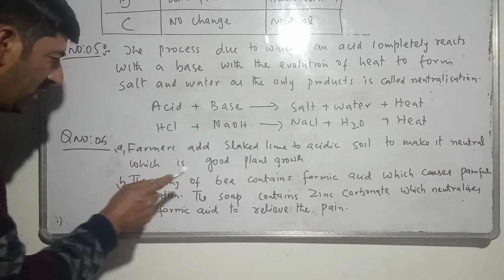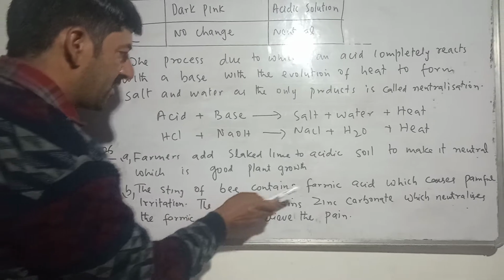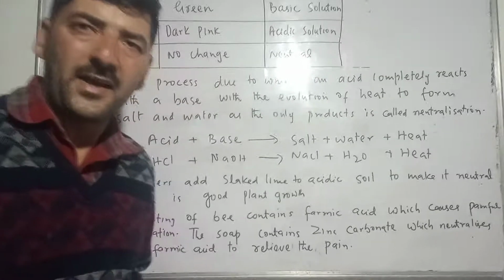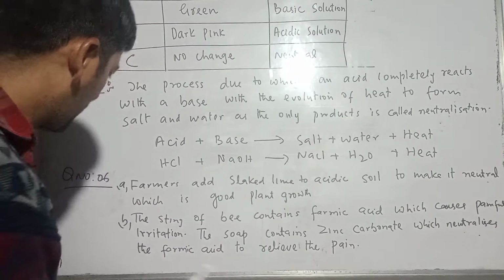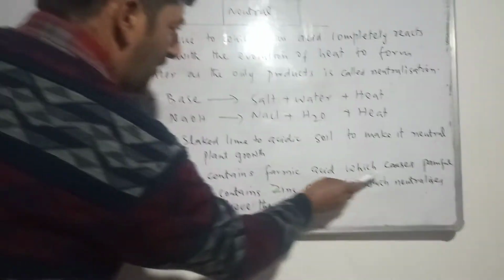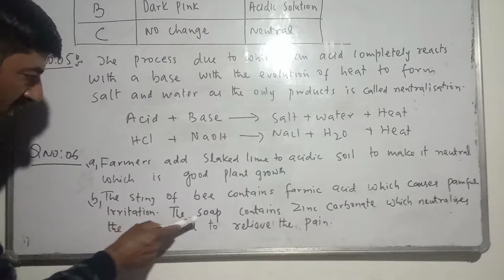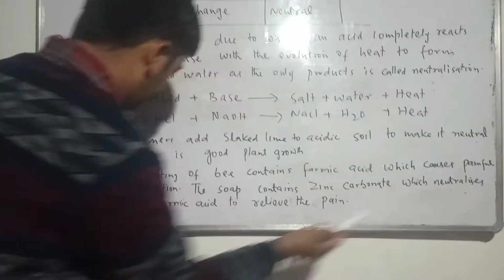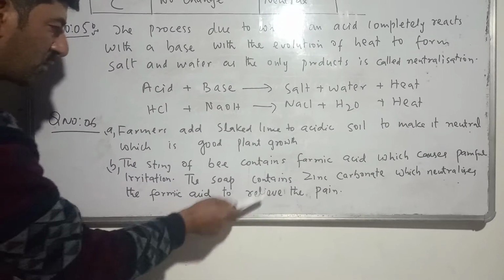So this base neutralizes the effect of formic acid, and we get rid of the pain. Okay, so the answer to the question is, the sting of a bee contains formic acid which causes painful irritation. The soap contains sodium hydroxide which neutralizes the formic acid to relieve the pain.